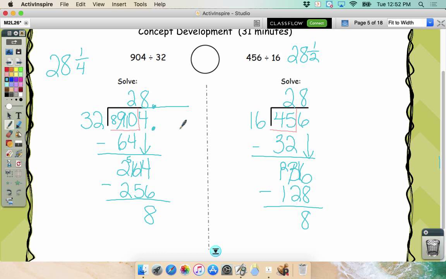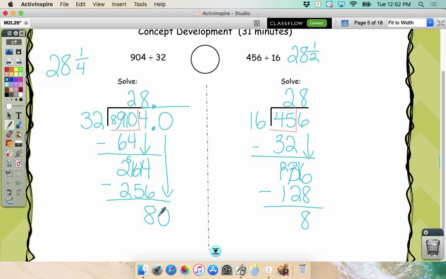Because 904.000 is the same value as 904, correct? So I'm not changing the value, I'm just finishing the problem. We did this before, boys and girls, but it was way earlier in the year. So it's okay if you forgot. So here's what we're doing. We're going to drop that 0 until we end up with no remainder.